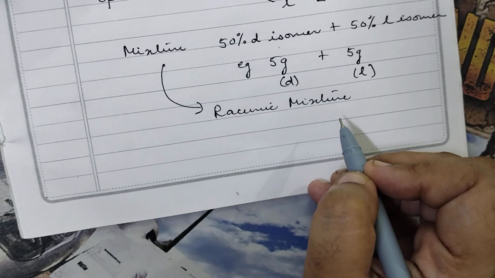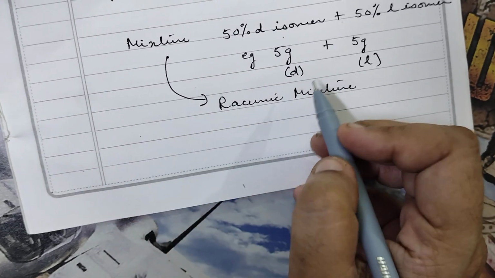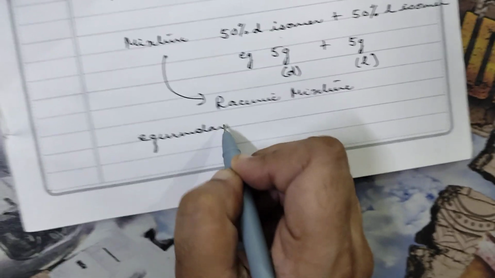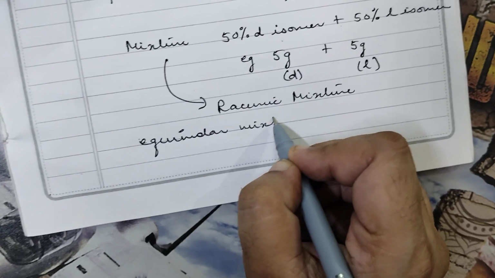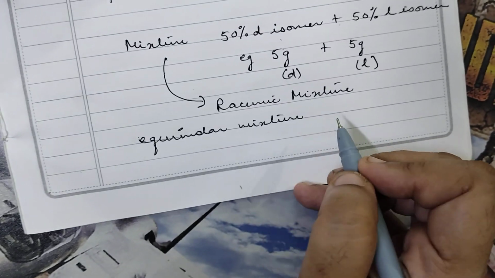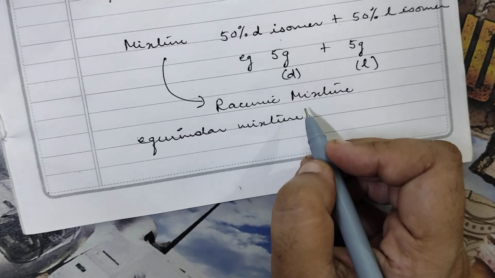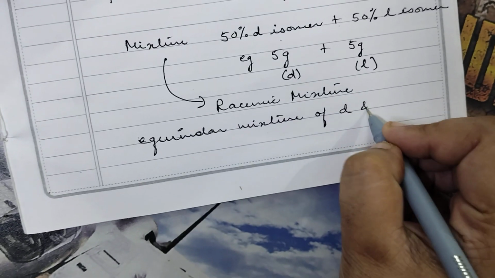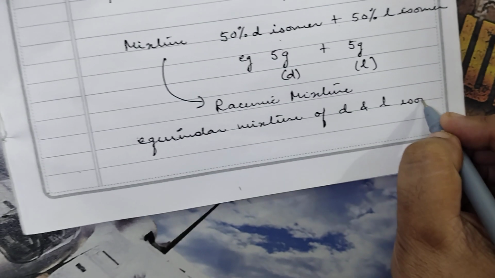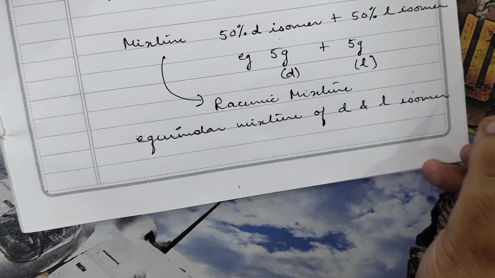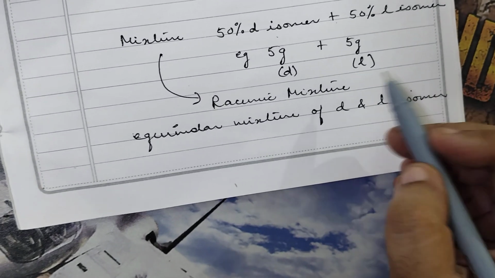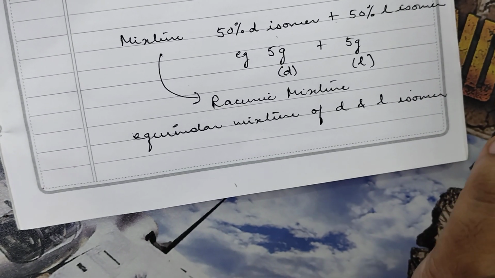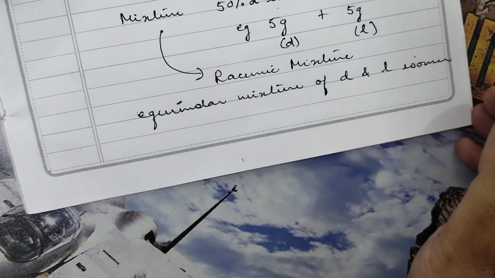So a racemic mixture is an equimolar mixture, which means it has equal moles of dextro and levo isomer. That is 50% is dextro and 50% is levo, say 5 gram, 5 gram, 1 gram, 1 gram. When equal amounts of dextro and levo are there in a mixture, we call it a racemic mixture.